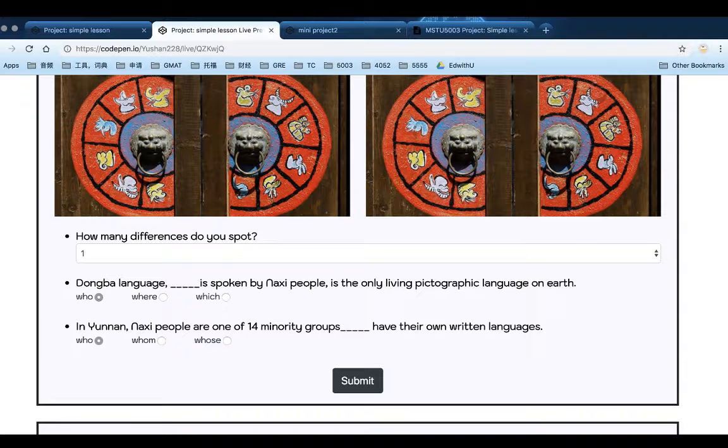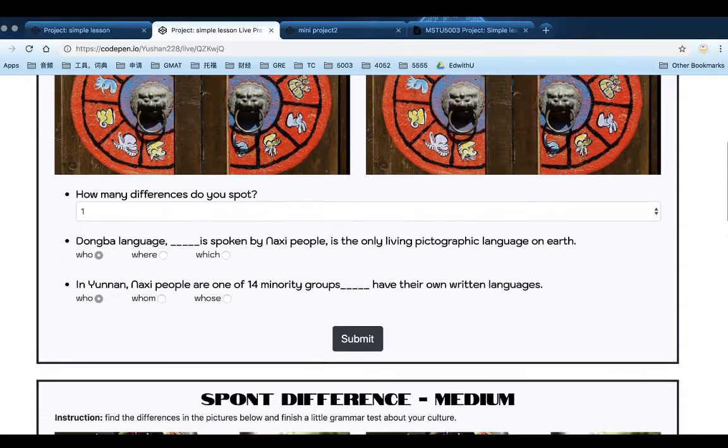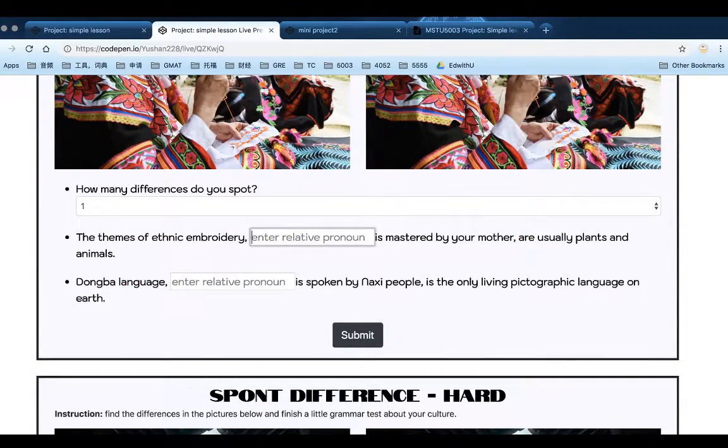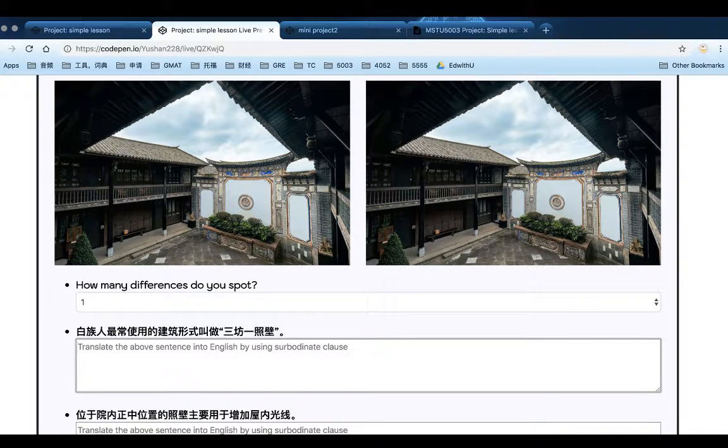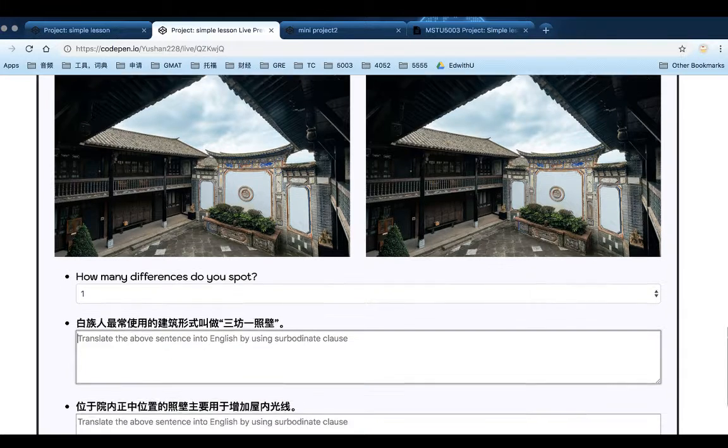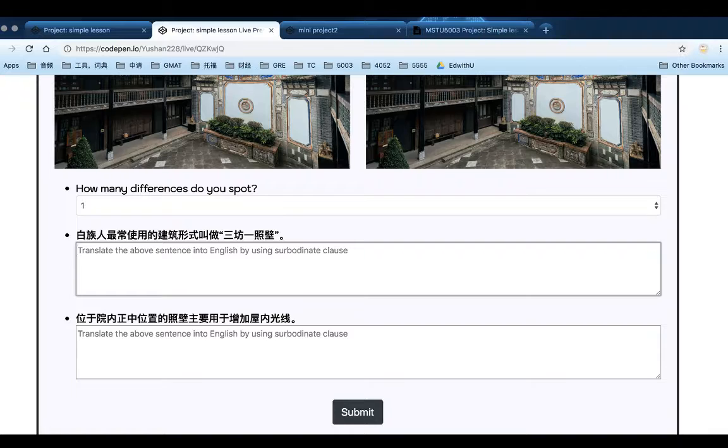Difficulty will increase from multiple choice to sentence completion and then to translation. In this way, students will gain familiarity with grammar step by step and at the same time learn more about their culture unconsciously.